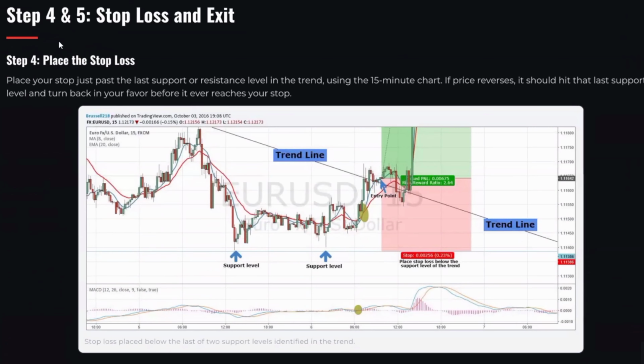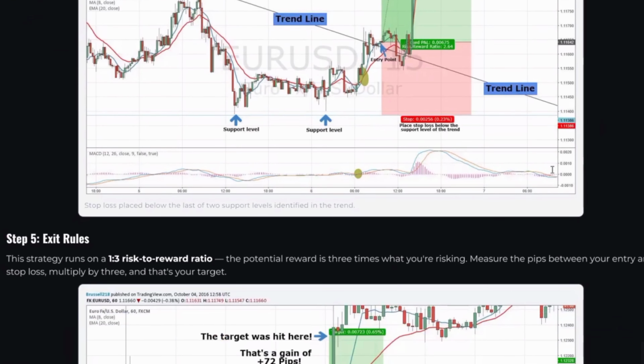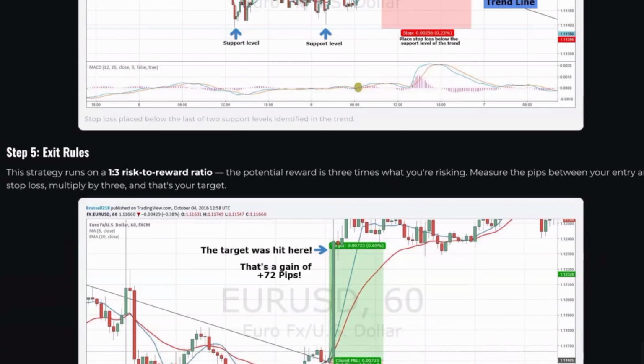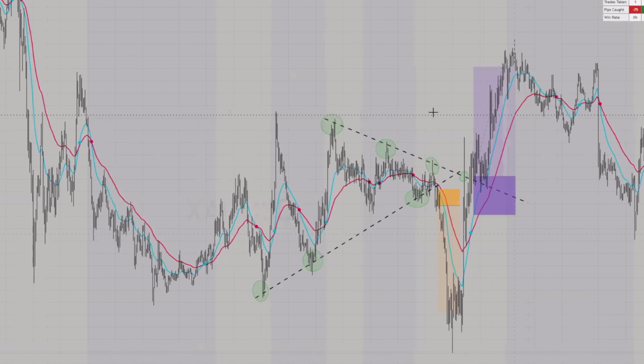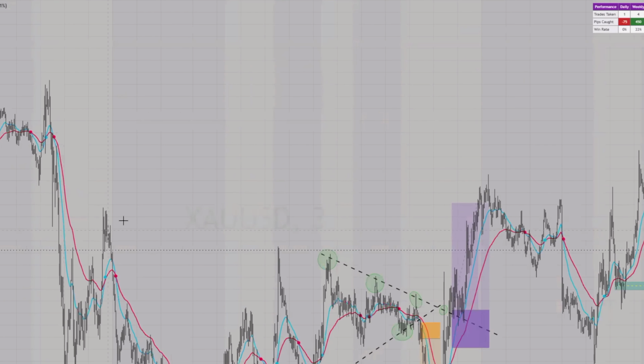And then step 4 and 5 is going to be obviously stop loss and exit, right? So we want to make sure that we are properly analyzing where we're placing our stop loss and where we're placing our exit, our TP, right? And we've gone over this already. So in your TP areas, you're going to be targeting those previous daily levels or your areas of liquidity.